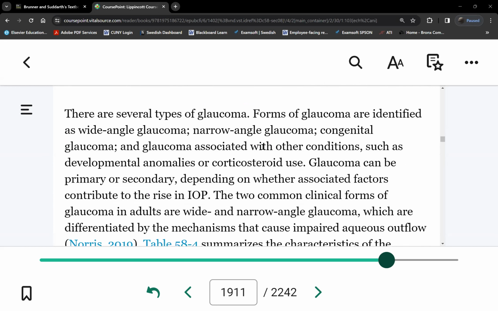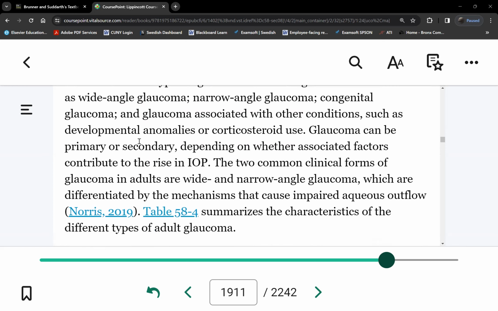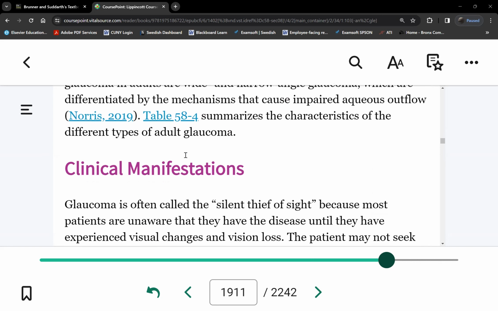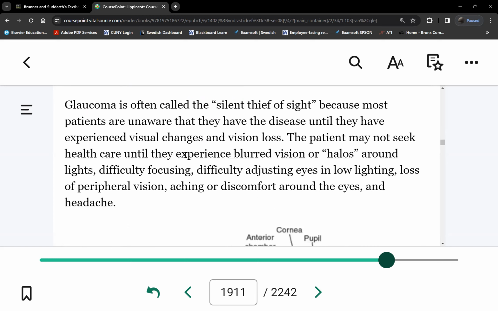As I mentioned, there are several types of glaucoma. The most common type is wide-angle glaucoma, then narrow-angle glaucoma. There's one emergency here, which is acute narrow-angle glaucoma, which will be mentioned separately. These are the manifestations.